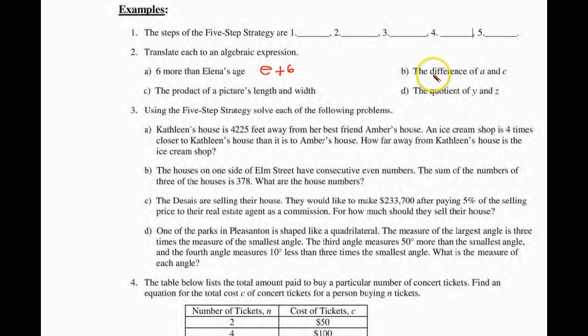Let's look at B, the difference of A and C. Now, a key word there is difference. So A and C would be the difference. How about the product of a picture's length and width?